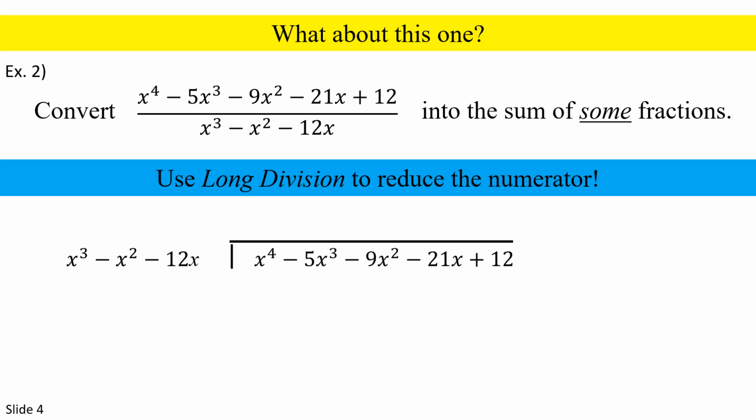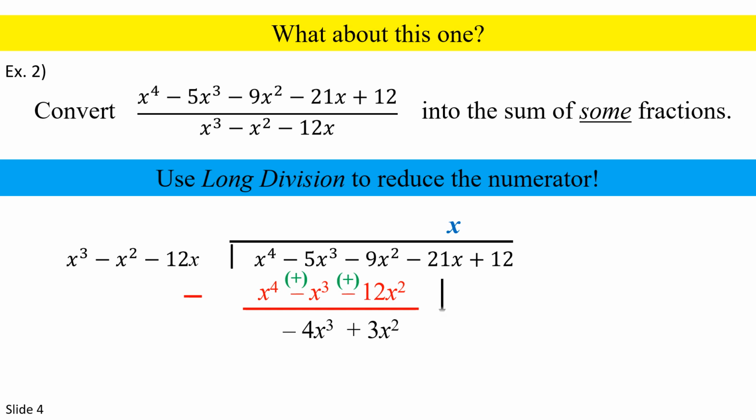We'll take the denominator and divide it into the numerator. So we get x. We're going to subtract, which changes those to addition. Bring down. If you don't remember how to do long division, this would be a good thing to go back and review. You could probably use synthetic division just as well.